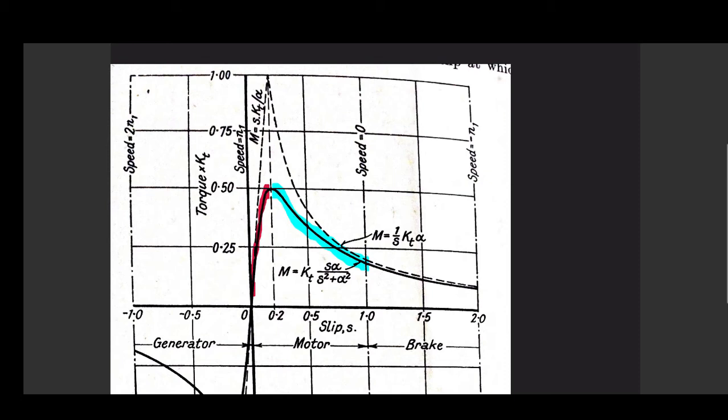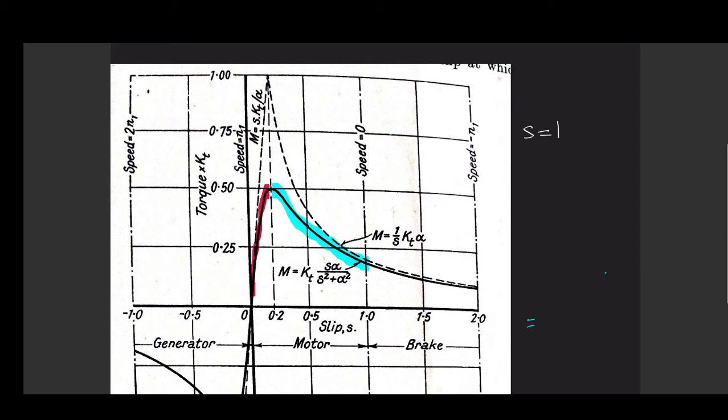Now the question is what S greater than 1 implies. How can we get S greater than 1? Let us consider a situation for braking condition beyond S equal to 1, with NS and NR.